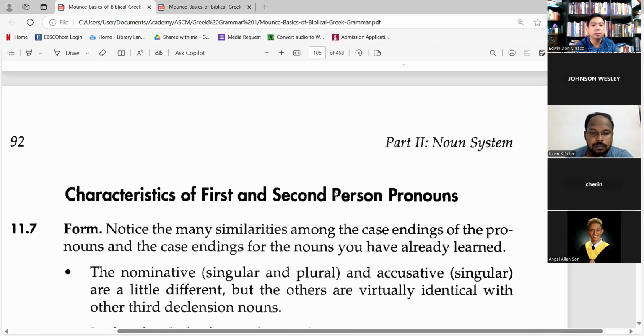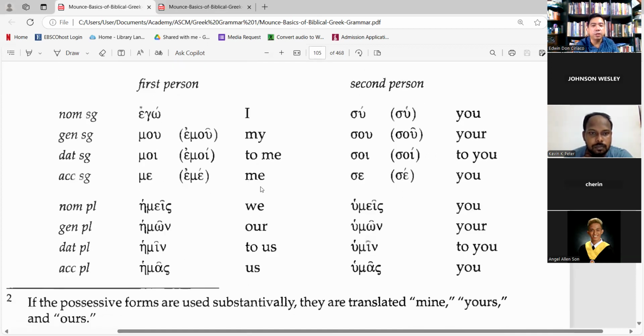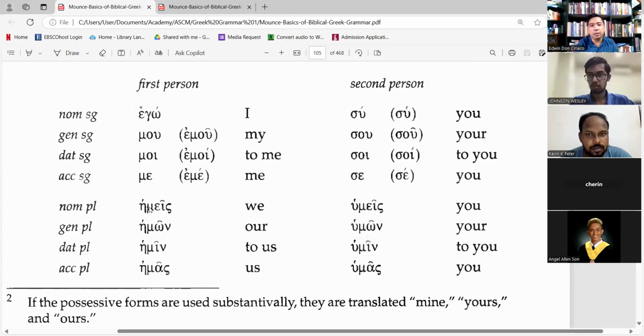There are accents. So where does the accent fall? Notice that these are circumflexes. Humeis, hemeis: the sound of the accent goes up quickly but goes down.